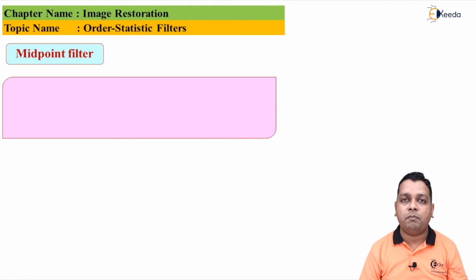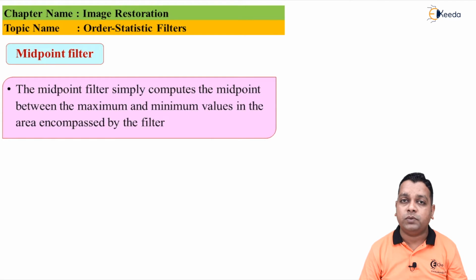Next to these max and mean filters, we have the midpoint filter. The midpoint filter simply computes the midpoint between the maximum and the minimum values in the area encompassed by the filter.